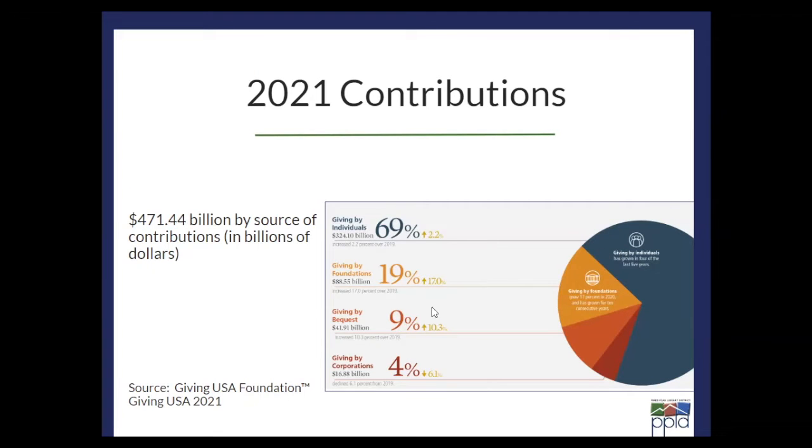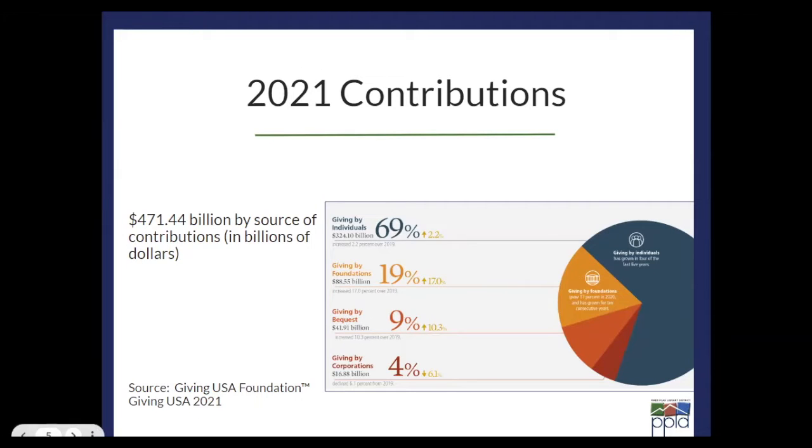And I like to say that dead people give more than even corporations. So when we're talking about bequests, in case you don't know, that's when people leave money or property to a nonprofit in their will. And that's a really wonderful way to continue to give back.